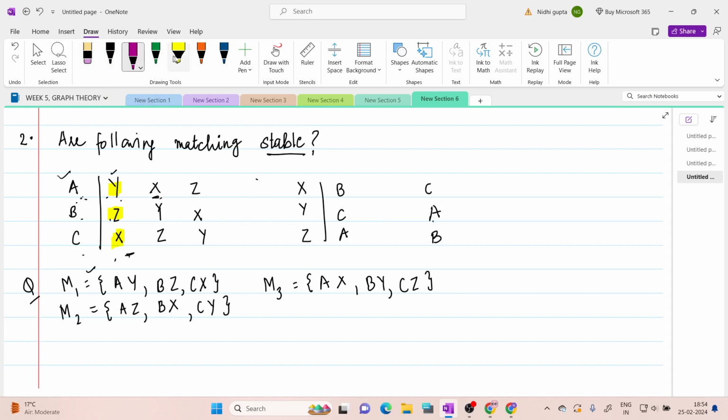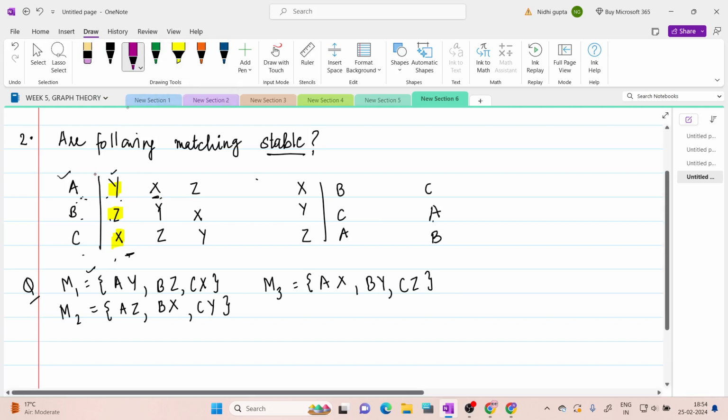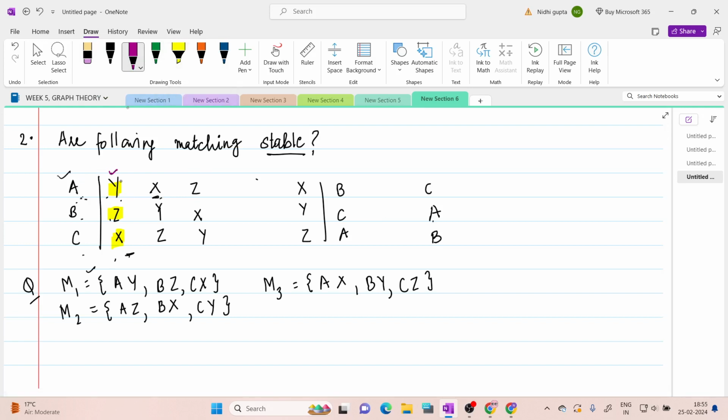It is not a blocking pair because A is getting Y, which is a better option.